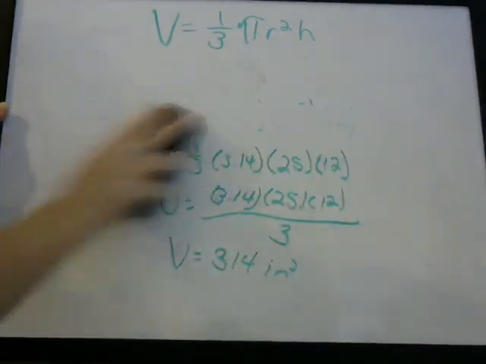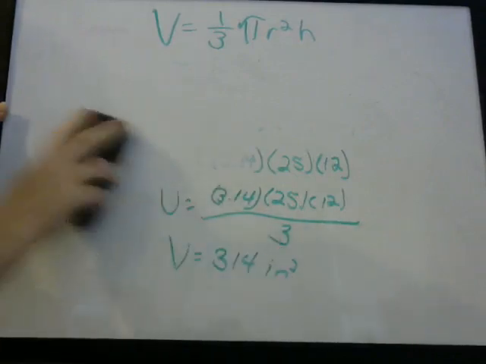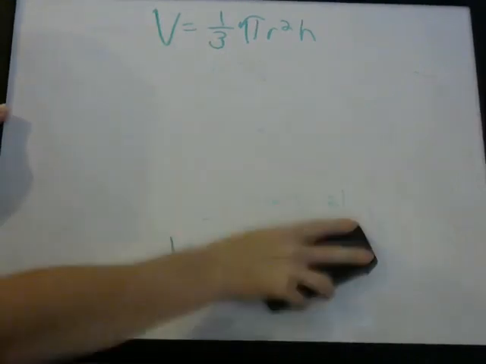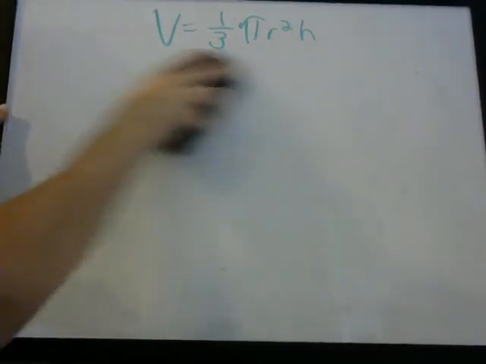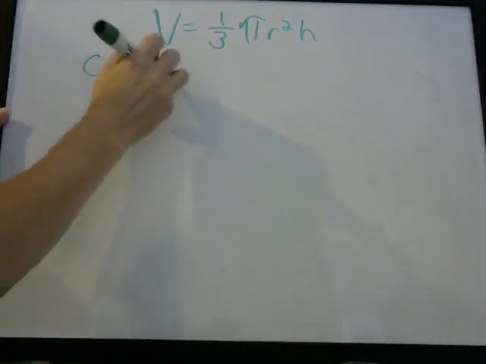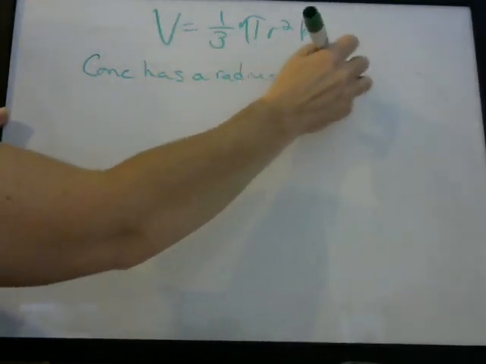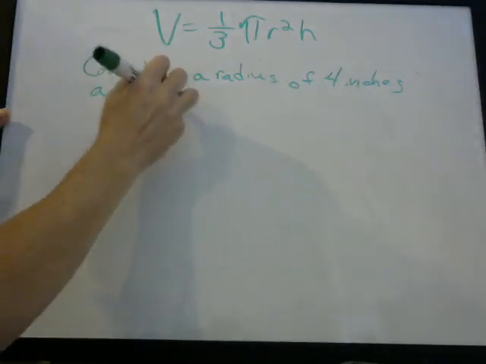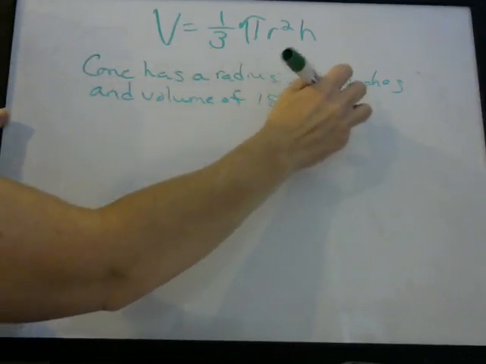So here we're going to say that a cone has a radius of 4 inches and a volume of 151 cubic inches.